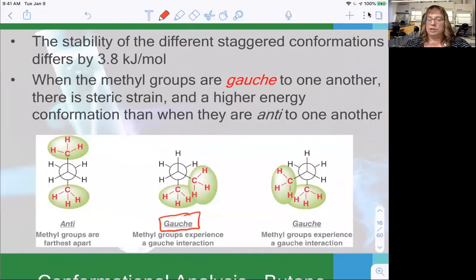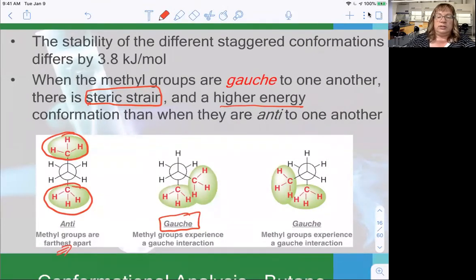They're clicking into each other. That would be called steric strain. I have a higher steric strain, and that's going to be a higher energy conformation. When those methyl groups are anti to each other, when they're as far away from each other as possible, that has a lower steric strain, a lower steric interaction, and that is what I want to see.